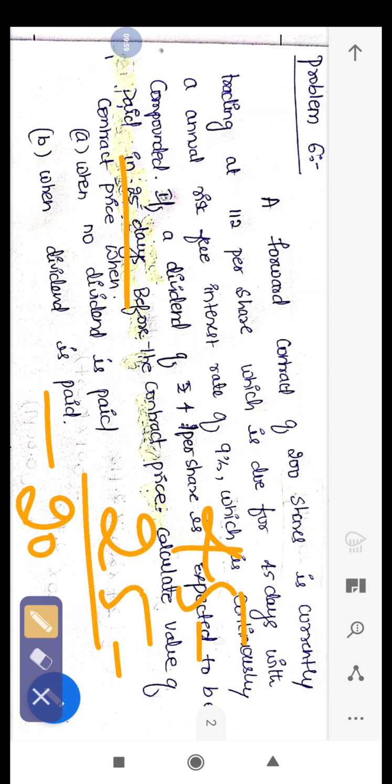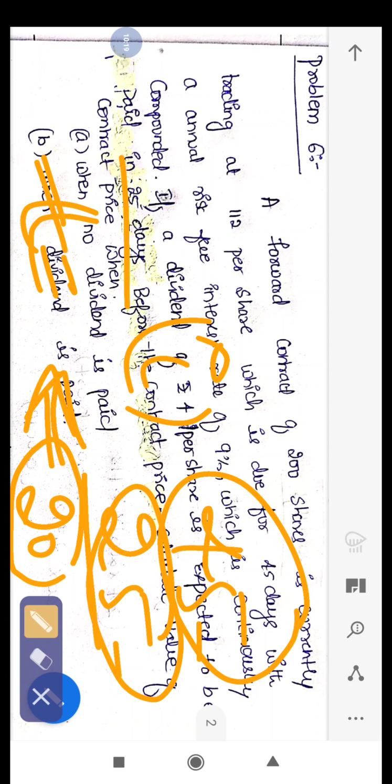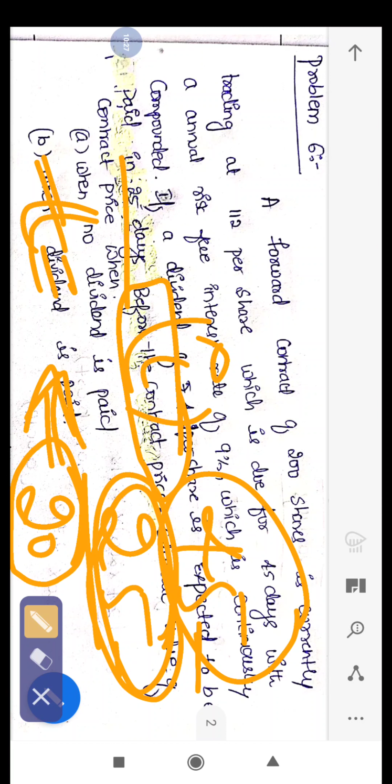So this 20 days is the maturity for calculating the I. Because they are telling they are paying before 25 days. In 45 days, before 20 days only they are paying, means within 20 days shareholders are receiving the dividend. So 20 will be T. So don't get confused about why ma'am you used 20 instead of 25. We have to subtract this because they have mentioned here before contract price they have paid.